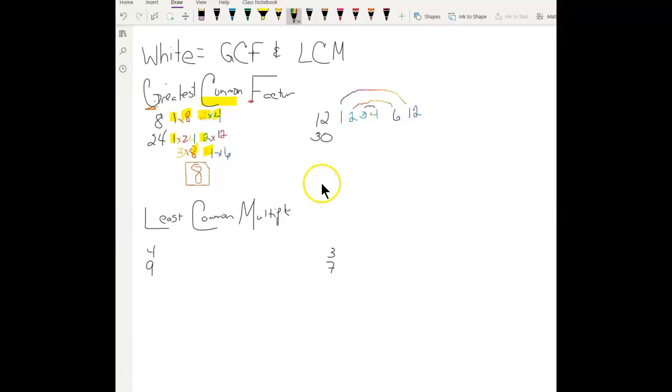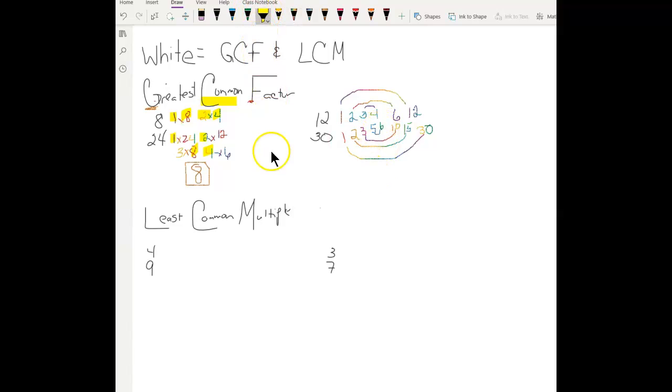There's my little rainbow. And then for 30, 1 times 30. 2 times 15. 3 times 10. 5 times 6.